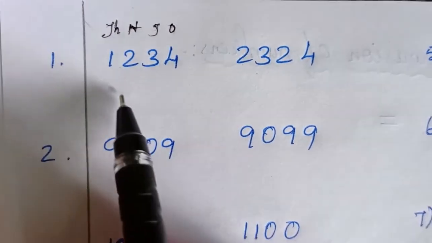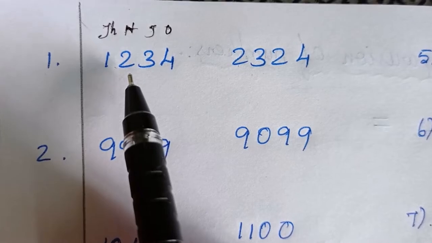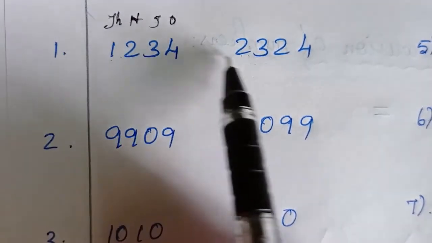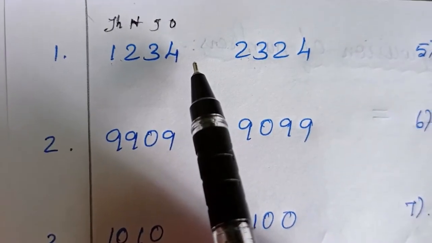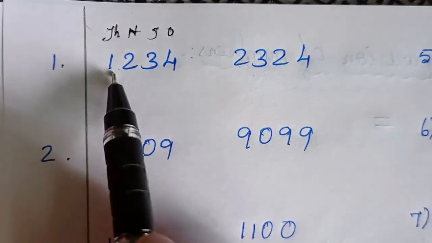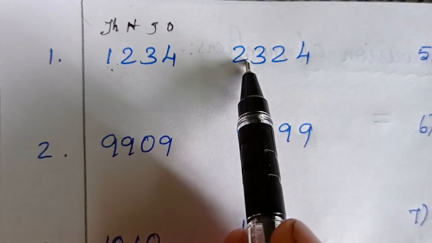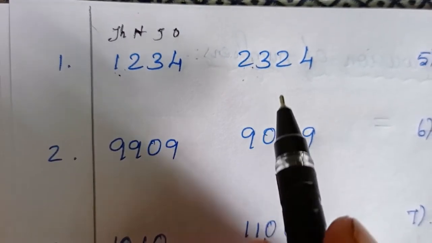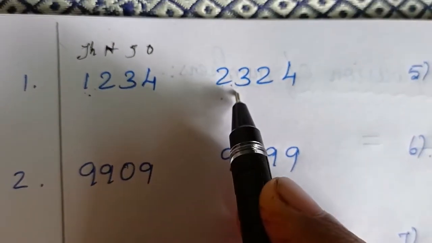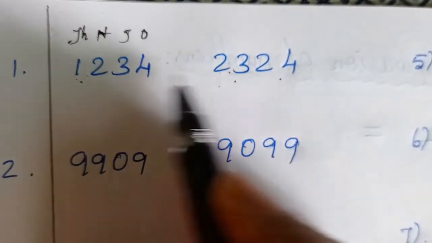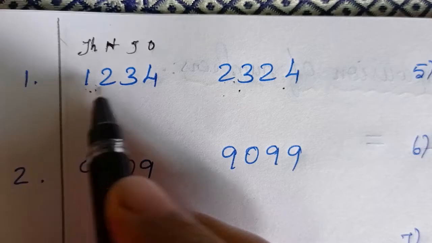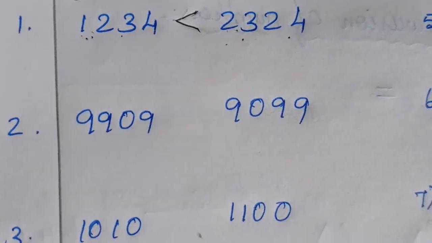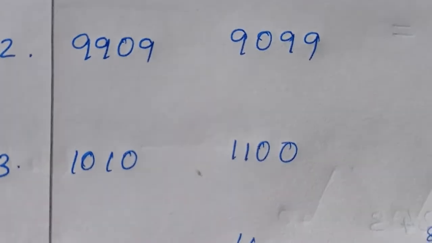Now children, compare the thousands place value for both numbers. So is 1 greater or is 2 greater? 2 is greater. So we conclude that 2324 is greater than 1234. Okay?